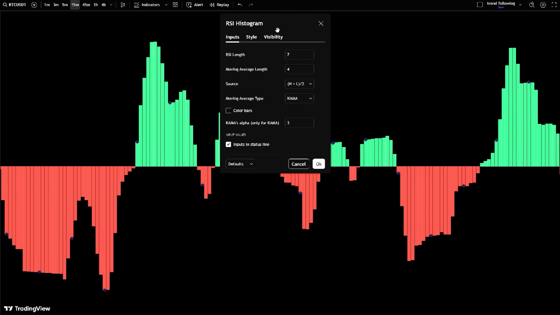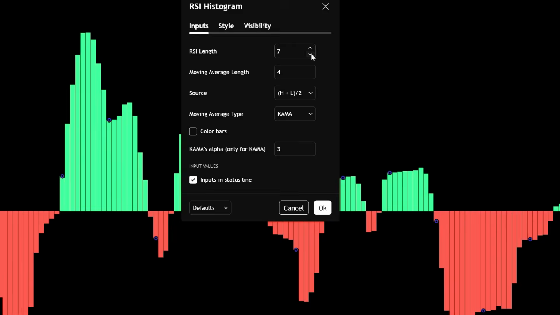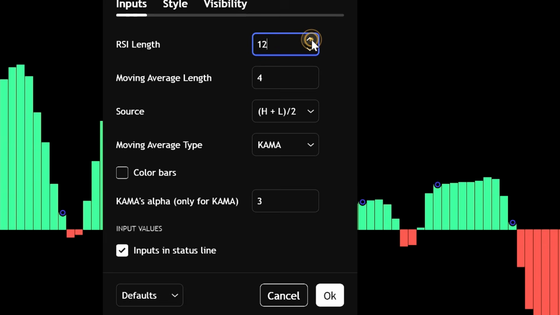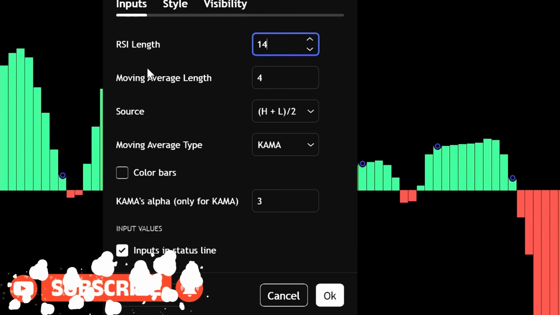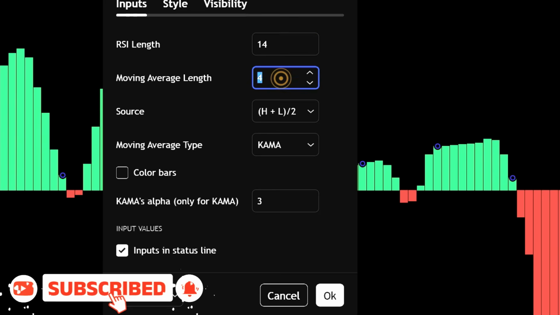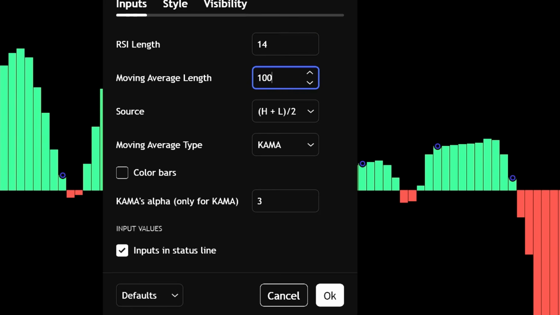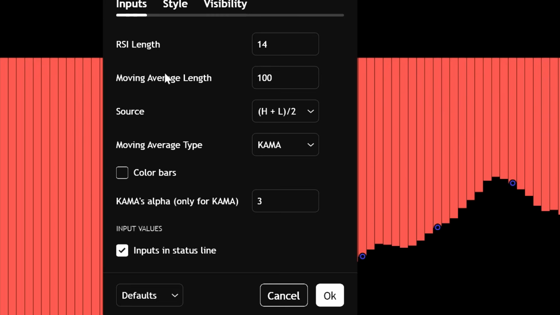Let's change the RSI length to 14. Then change the moving average length to 100. Using a longer moving average here helps me get a sense of the broader market picture.